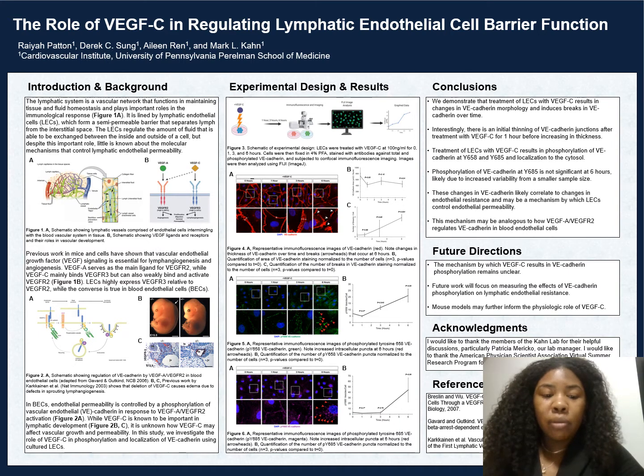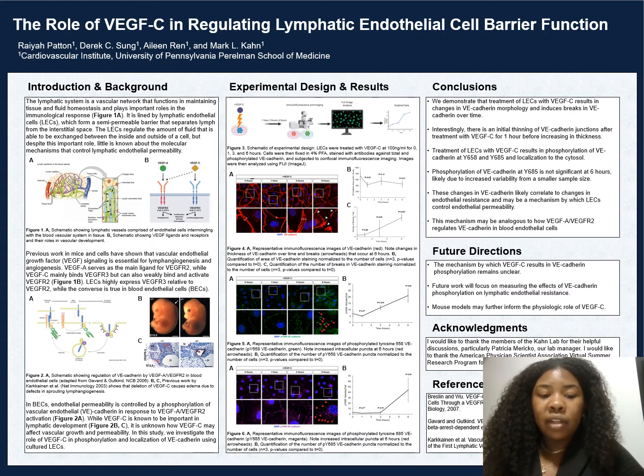Furthermore, in blood endothelial cells, endothelial permeability is typically controlled by the phosphorylation of vascular endothelial cadherin, or VE-cadherin, and this happens in response to the binding of VEGF-A to VEGFR2.